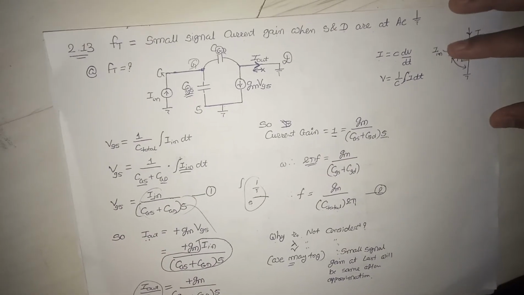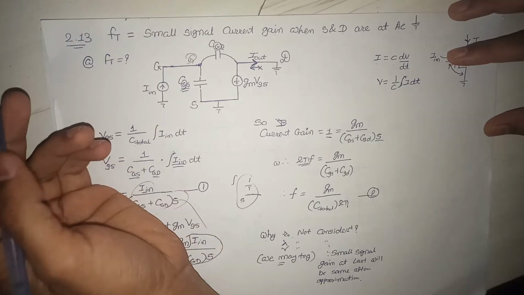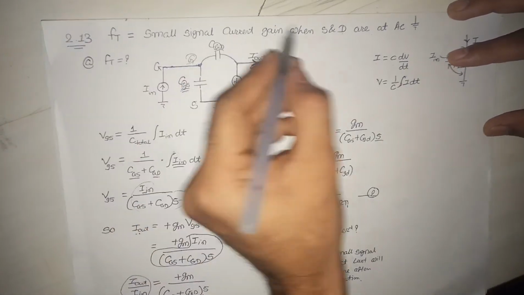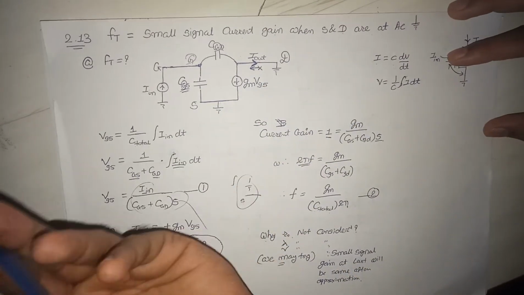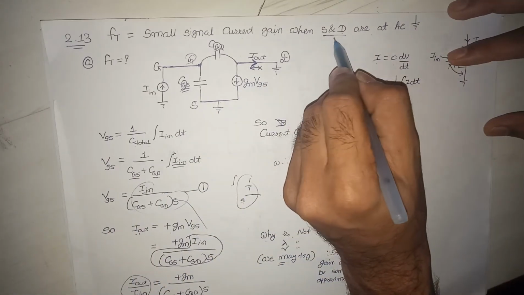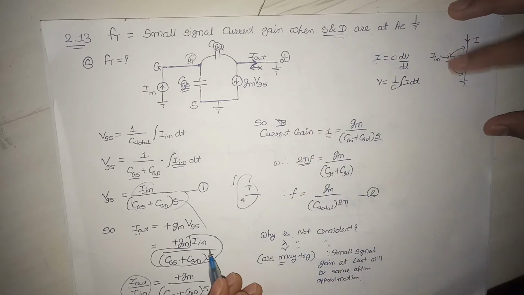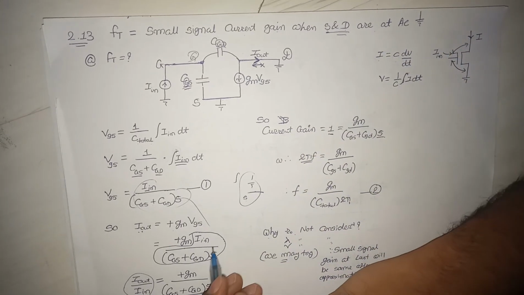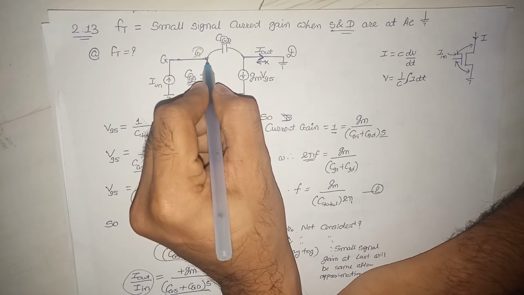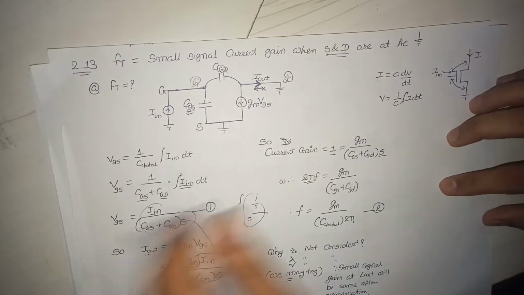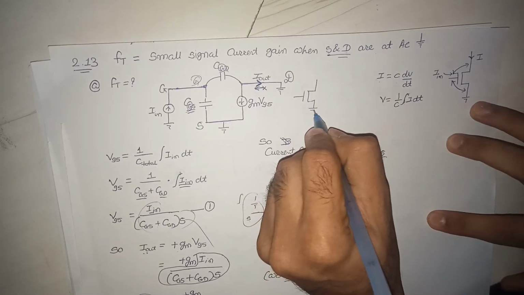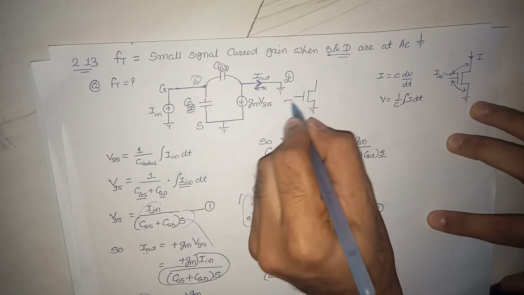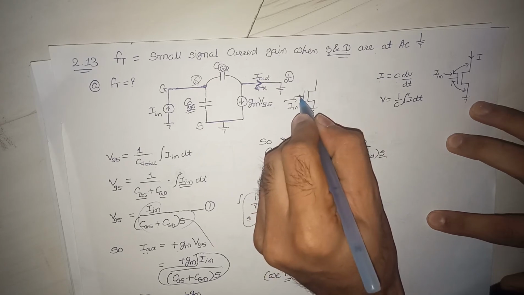So fT, they give the definition that the small signal current gain is unity. At that frequency we need to find, and the important thing is source and drain are AC grounded. So this is the model of this circuit. Let me draw it. This is the gate terminal.